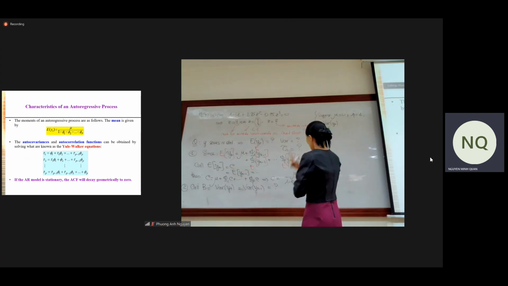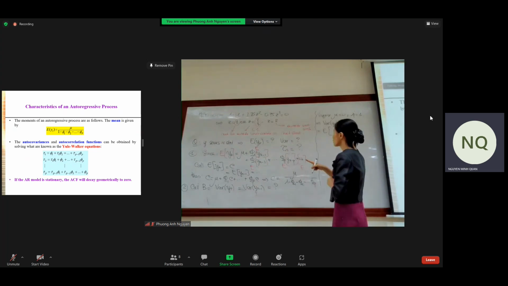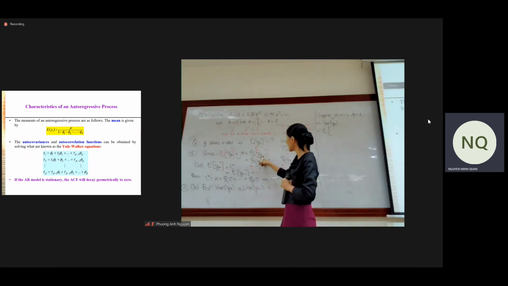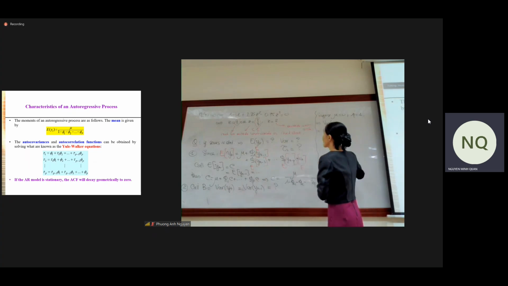The expectation of yt squared. Yes, that's correct. And then yt is equal to phi 1 yt minus 1 plus ut.